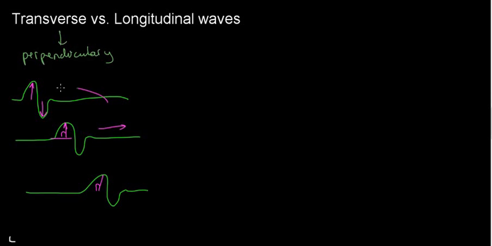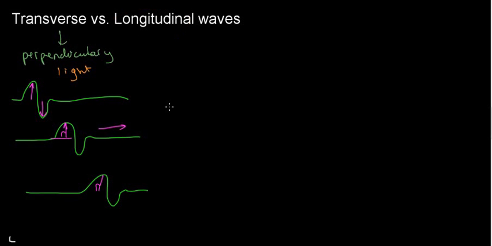So basically any wave in which the oscillation itself is occurring perpendicular would be a transverse wave. And because we need an example for a transverse wave, we can think of light. Light is a transverse wave. And we're going to talk a little bit about that later. And you may be wondering, what other types of waves are there?